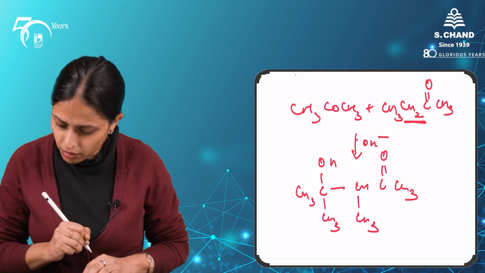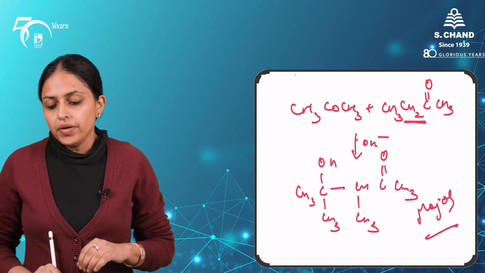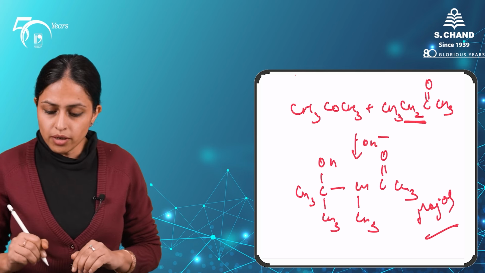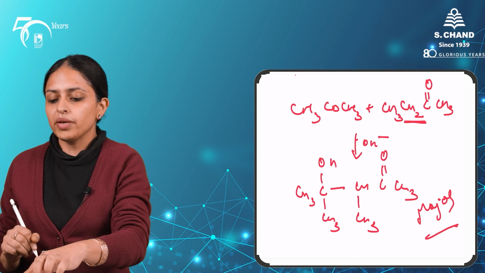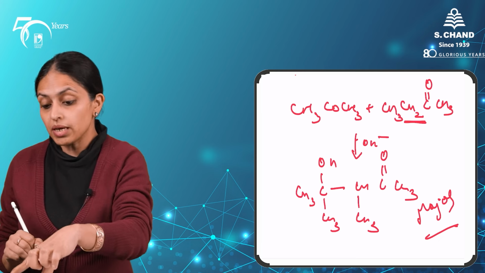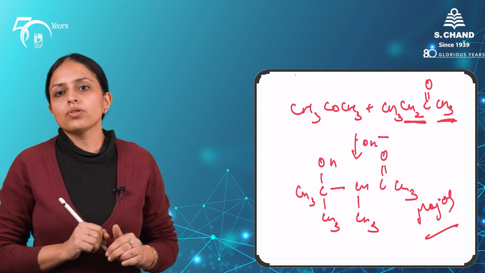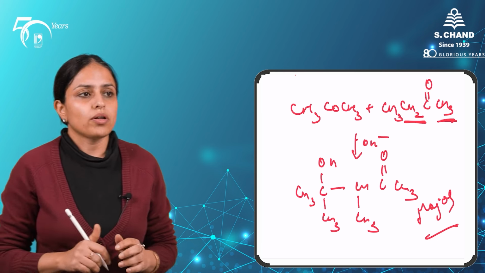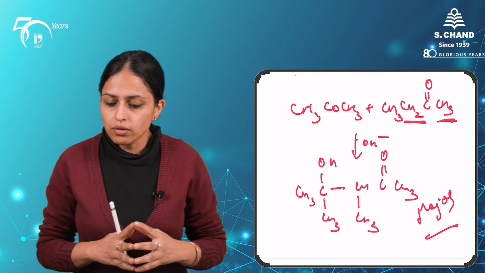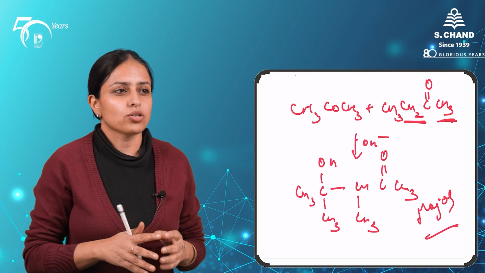So this will be the major product of this reaction. Okay, so this will be the most stable carbanion, because if this forms the carbanion, you can see the enolate is more stable as compared to if the terminal CH3 loses the alpha hydrogen. So this will be the major product. So you must be able to mention which will be the major product in this reaction.